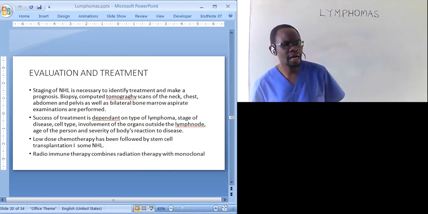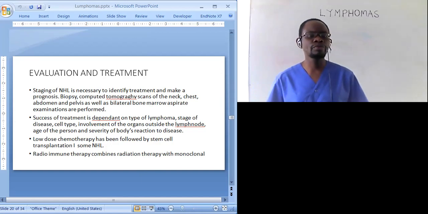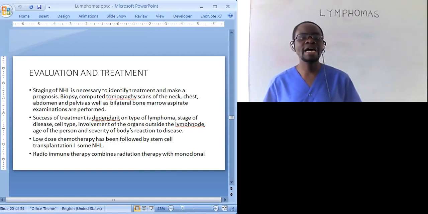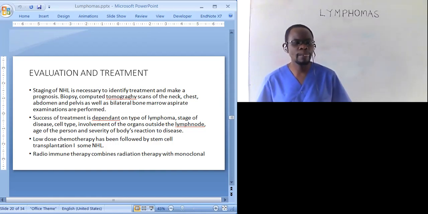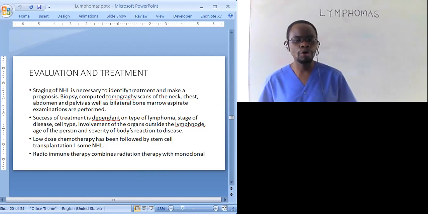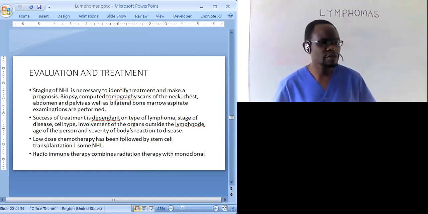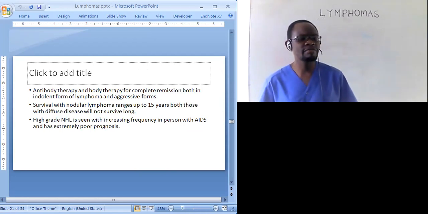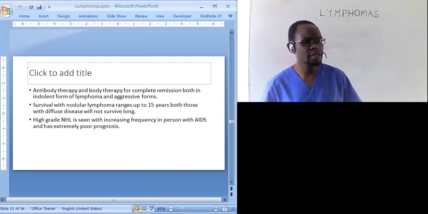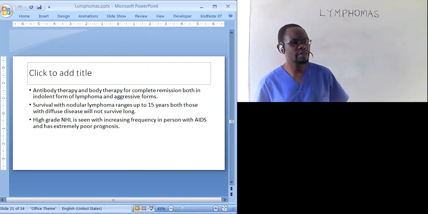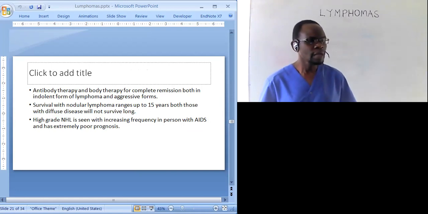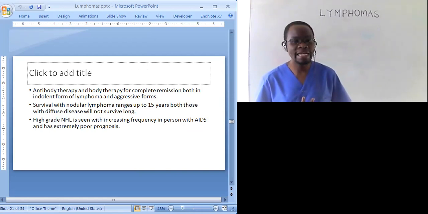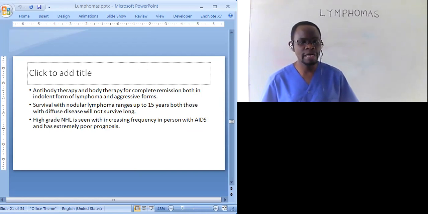Radioimmune therapy, which combines radiation with monoclonal antibodies, is also available as a mode of treatment for these conditions. Antibody therapy, of course, we don't have at the moment in our country, but these are also modalities of treatment.